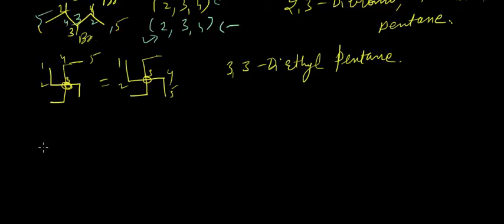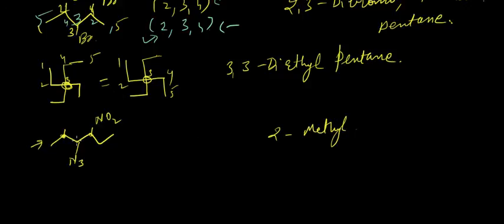Now we have something like this. If I start numbering from this carbon, the first substituent is found at the third position, but if I start numbering from this position, I have a substituent at the second position. So I'll be numbering from this carbon. So 2-methyl, third is the azido group, fourth is the nitro group.